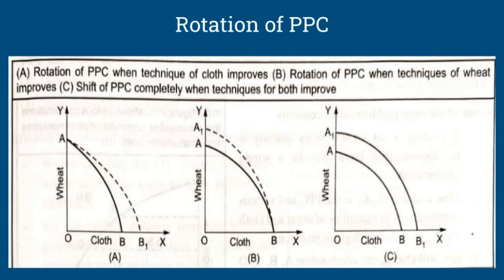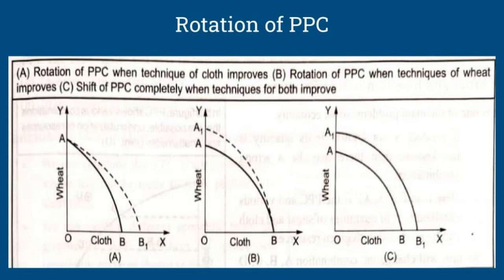The production possibility curve AB is the original PPC, and when the technique of production of cloth improves, the PPC rotates through the X axis and changes from AB to AB1. When the technology of good X, that is cloth, improves, it is obvious that the number of units of cloth produced will also increase. Here it is increasing from OB to OB1, showing an increment of BB1 in the production of good X, that is cloth.